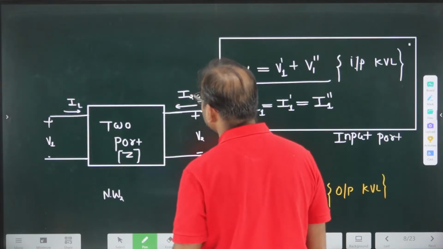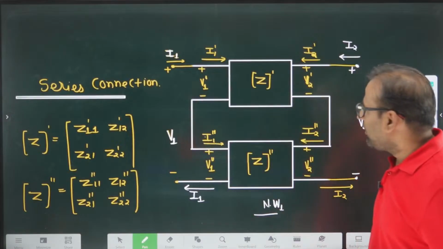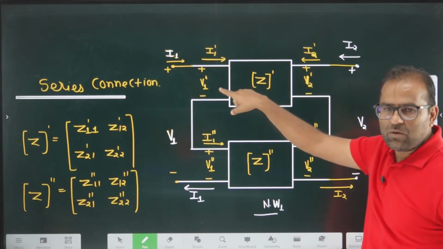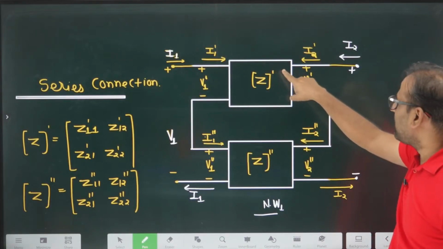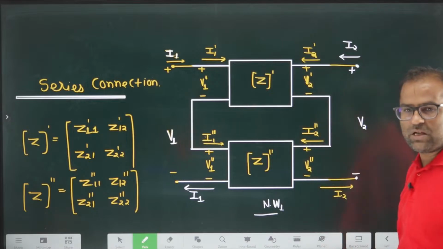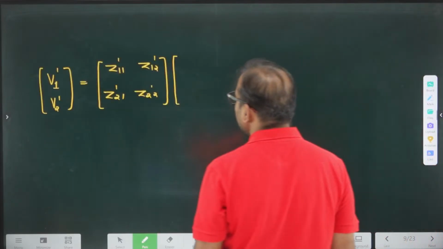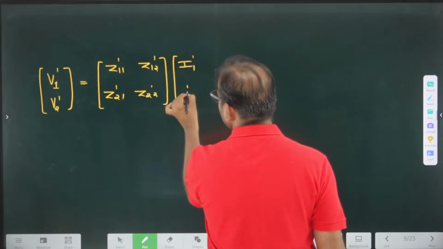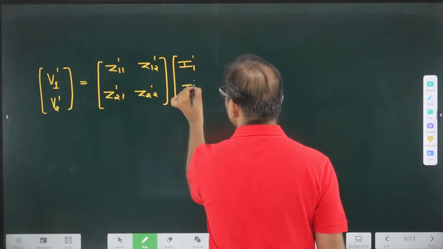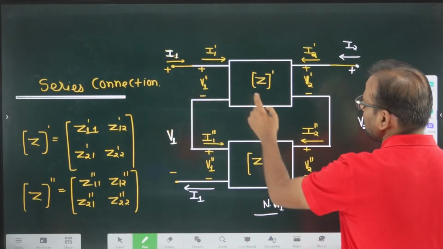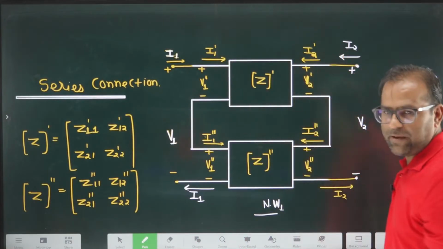Multiplied by, अगर ये टू पोर्ट पैरामीटर मैं इस नेटवर्क के लिए लिख रहा हूं, Z प्राइम नेटवर्क पोर्ट नंबर 1 के लिए लिख रहा हूं, तो करंट्स आर व्हाट? I1 डैश एंड I2 डैश आर करंट. सो यहां जो इंडिपेंडेंट वेरिएबल है, वो है I1 प्राइम एंड I2 प्राइम. Independent variables are I1 prime and I2 prime.